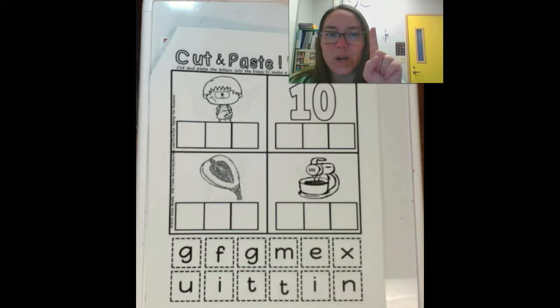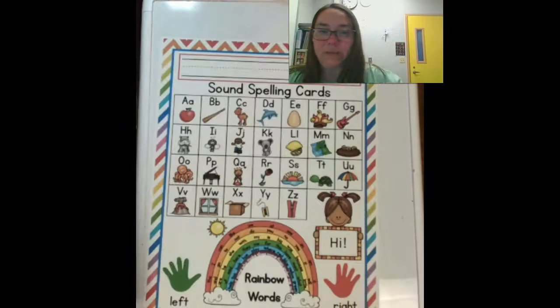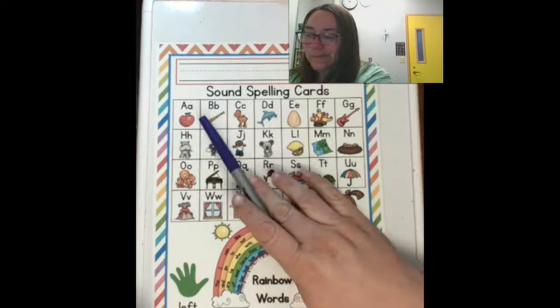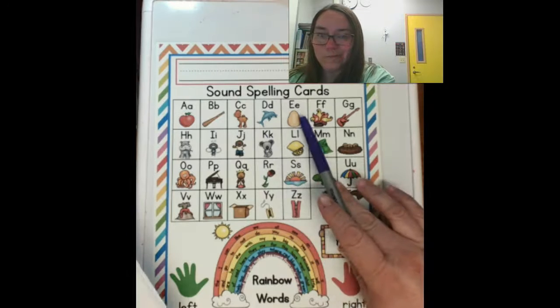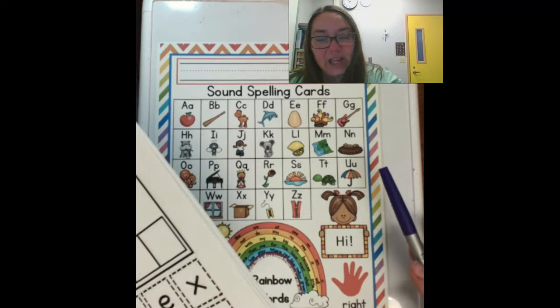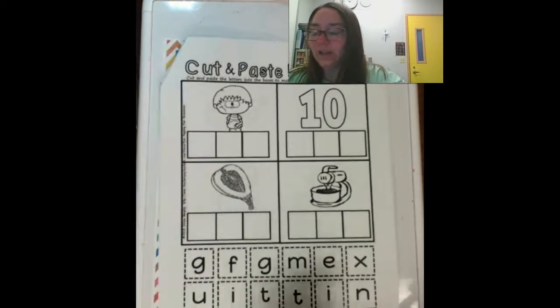The first sound, g. I might check my alphabet chart and see if I can find it. There it is, the letter G, like guitar, gut.